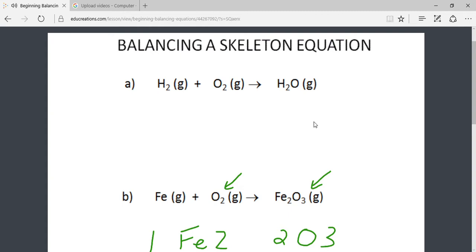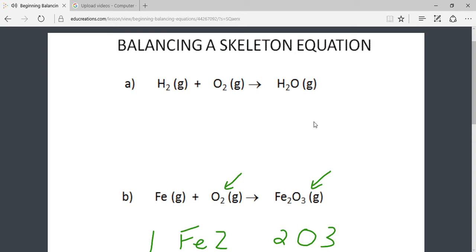If starting with the oxygen, we wish to balance the equation. Looking at oxygen on the reactant side, there are only 2 atoms, yet on the product side there would be 3. We're looking for a coefficient that could create the same quantity of oxygen atoms on each side of the reaction.